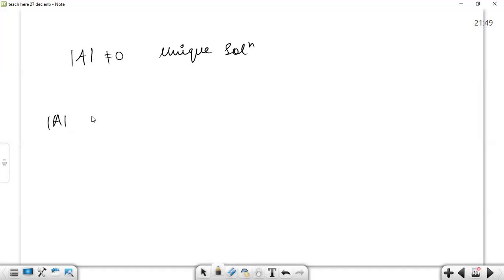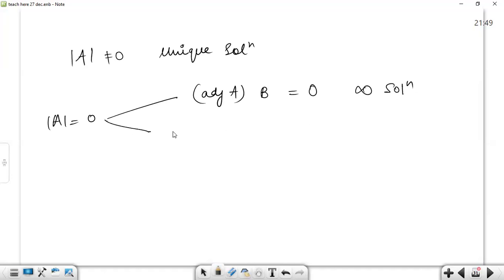When A's determinant is 0 and the multiplication of adjoint of A into B is 0, then there will be infinite solutions. If the multiplication of adjoint of A and B matrix is non-zero, then there will be no solutions.